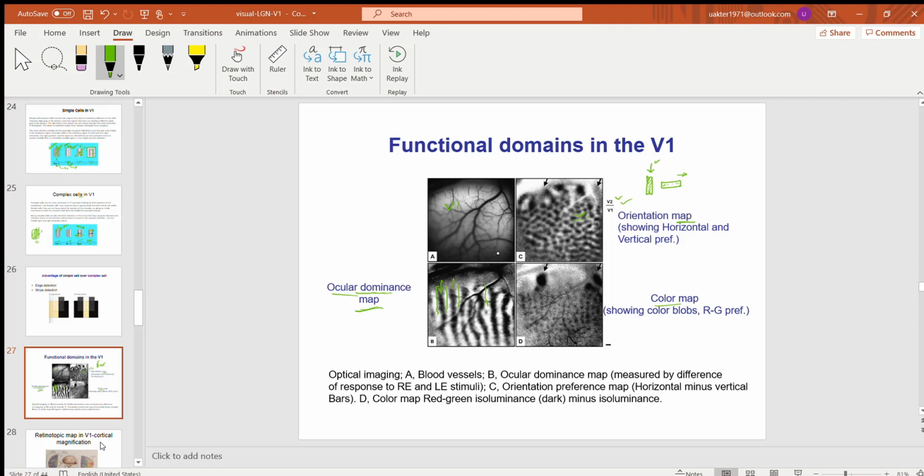So it just switched from right to left eye. That tells you that you have an ocular dominance map.